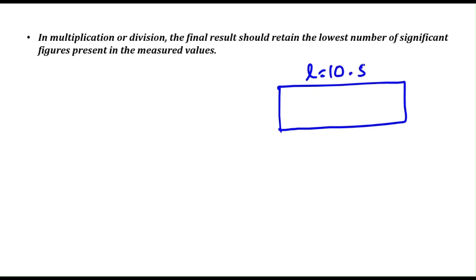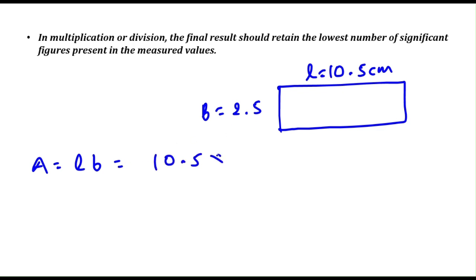Let's say it comes 10.5 centimeter, and its breadth is something 2.5 centimeter. And now we are going to say what is the area. Area should be L into B, and then we have 10.5 into 2.5 centimeter square. After calculation we will get something here.